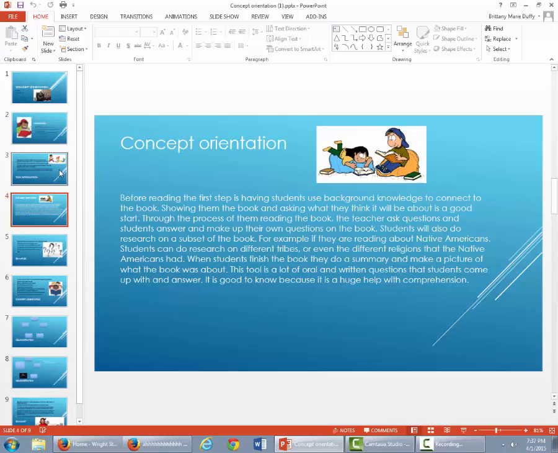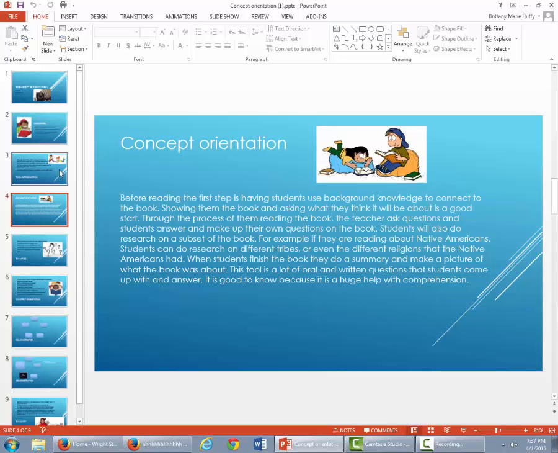As they get more into the book, usually maybe in the middle of the book, they will start to research a subset of the book. So for example, if they're reading a book about Native Americans, the students might do a research project on a tribe. So you might have one student doing the Miami tribe and one student doing a research project on the Shawnee tribe.